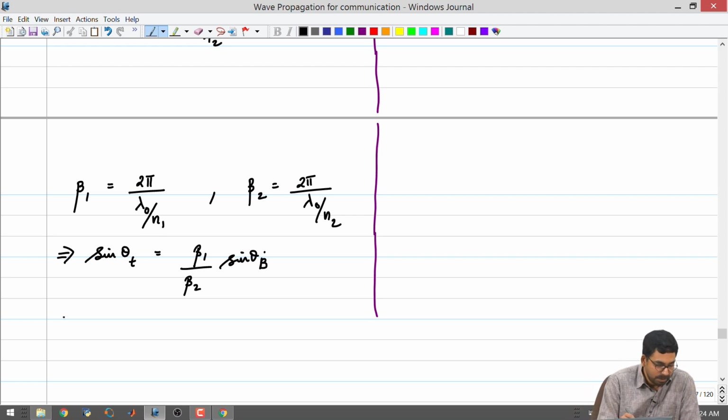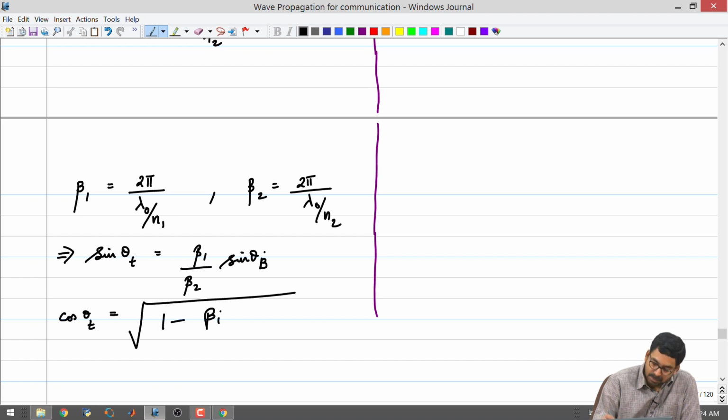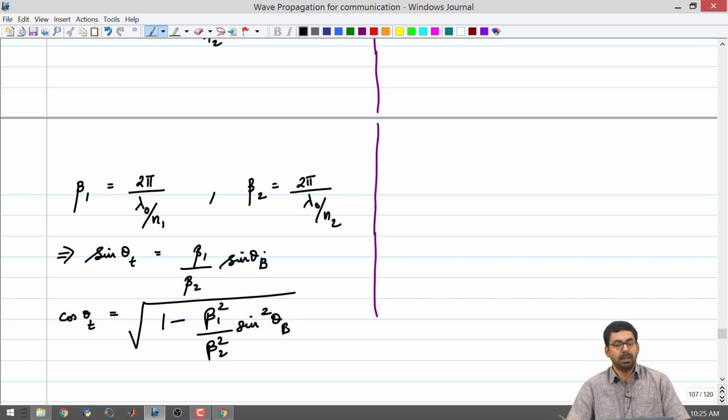Since we need cos theta t, it is also not unusual to write this as 1 minus beta 1 square by beta 2 square sin square theta b. Could also make a substitution like this. If instead of n1 and n2, you want to make use of the phase constants in that medium, it is perfectly fine, right.